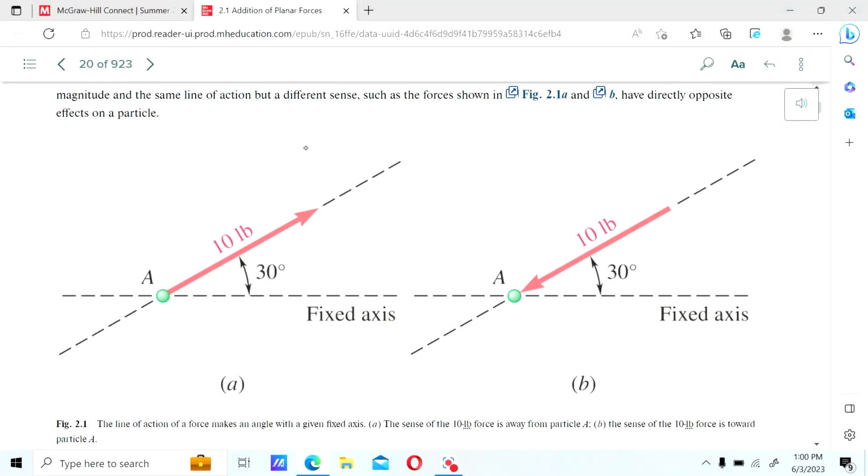We'll talk about those properties later, but just remember that when you have a vector, the direction of the vector matters and the magnitude also matters. So the magnitude here on the right hand side is 10, but the direction is negative because it's going towards the left hand side of the screen.